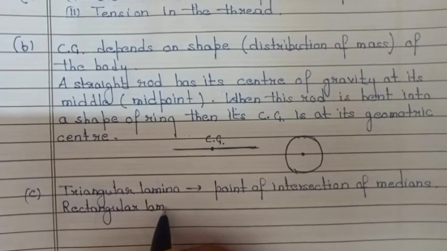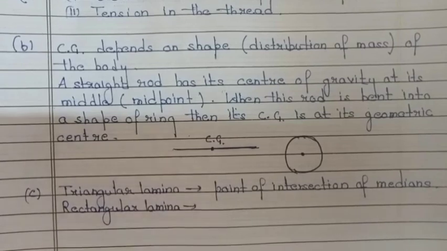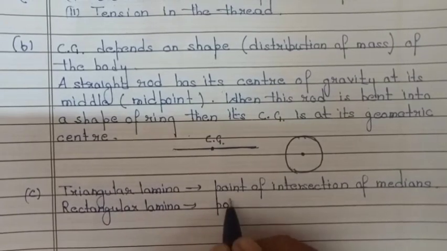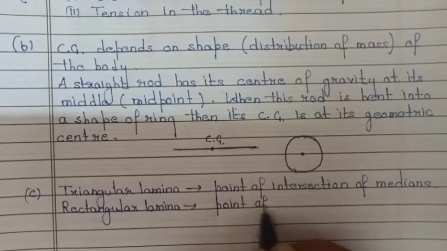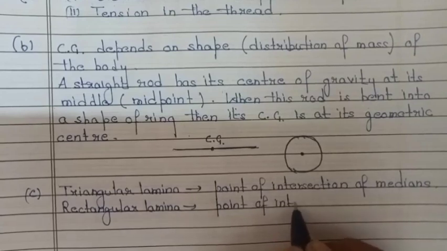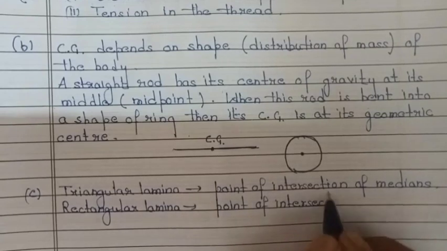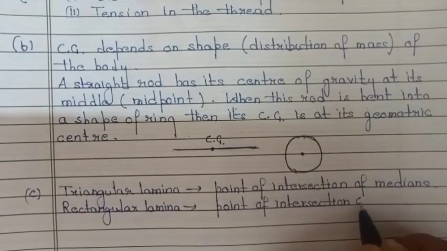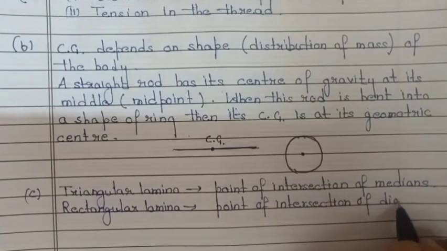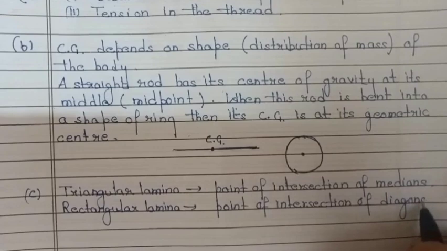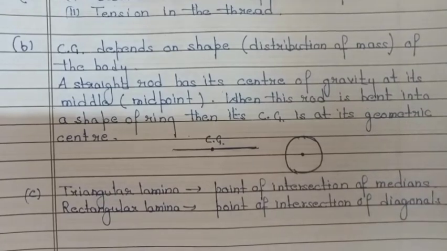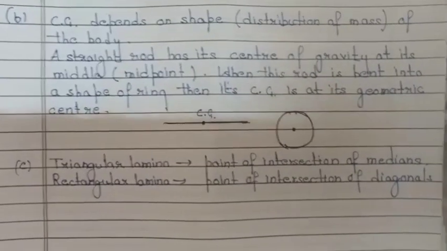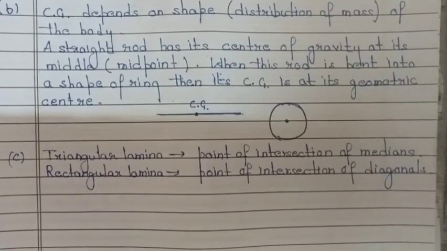For a rectangular lamina, it will be the point of intersection of diagonals. This was the C part, where they have asked you to write the position of center of gravity for different shapes. Now moving on to the D part.